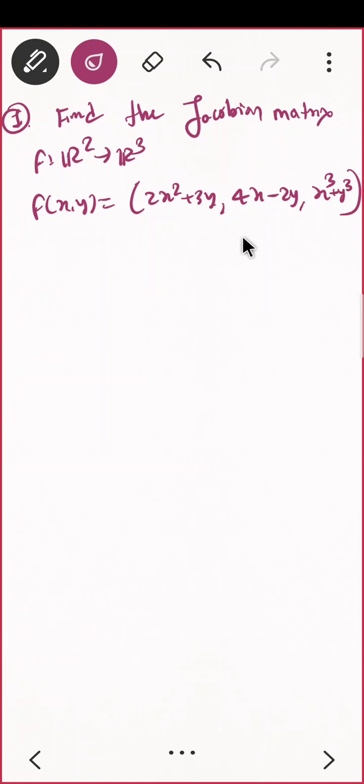Suppose this is your function, you want to find Jacobian matrix. So can somebody tell me what will be the order of Jacobian matrix here? There are three functions, f1. What will be order? Anybody?